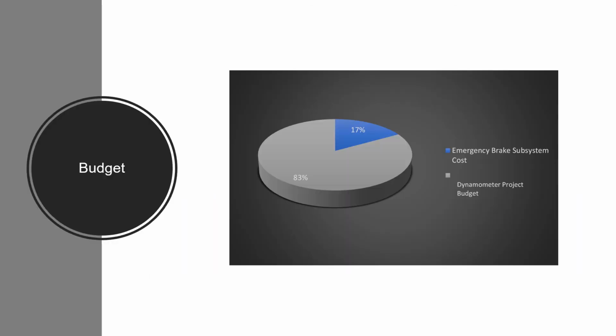The budget, as seen, we can compare the cost of the emergency brake subsystem with the total budget for the dyno. The dyno had a budget of $8,000, which means that my subsystem will cost 17% of the total budget.